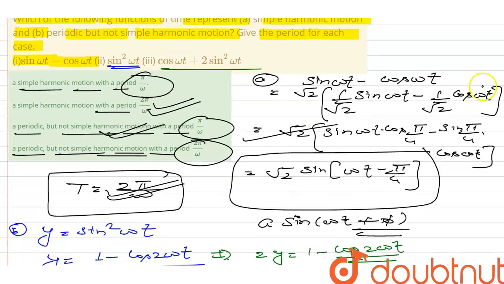So this option is absolutely correct. There are three correct options: B, C, and D. These are our answers. Thank you.